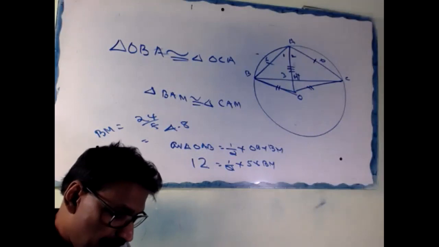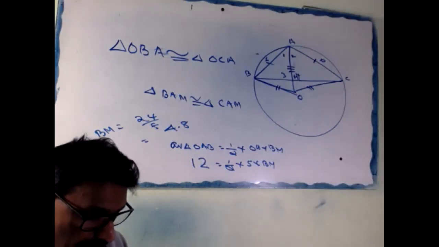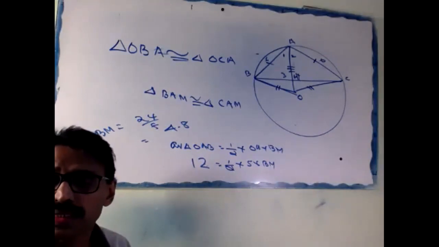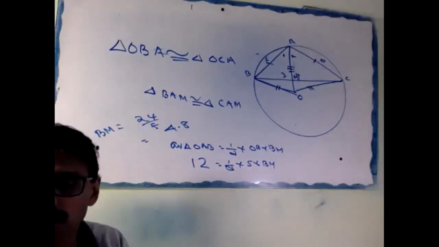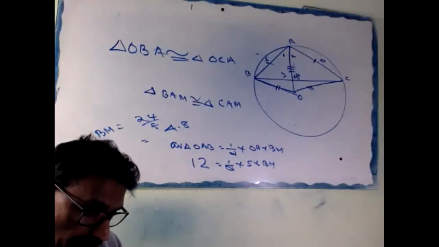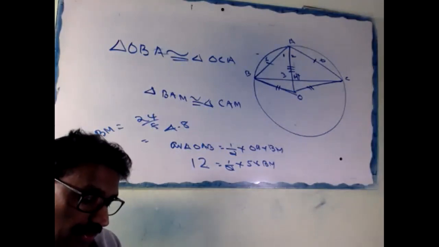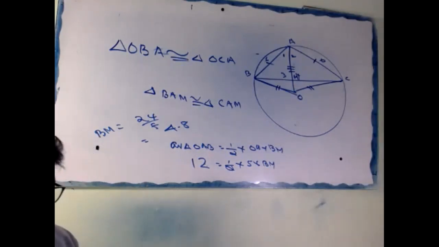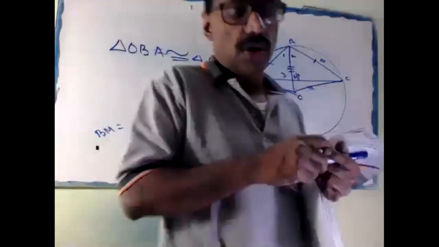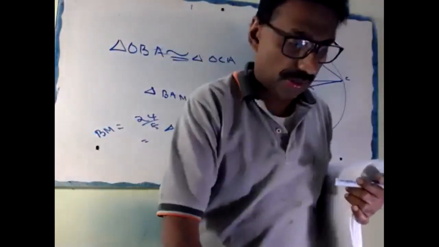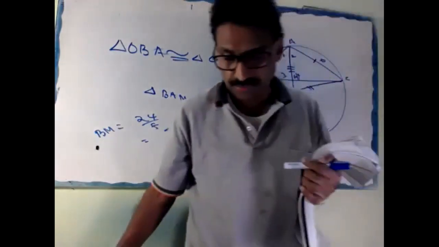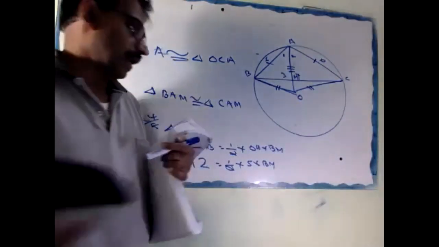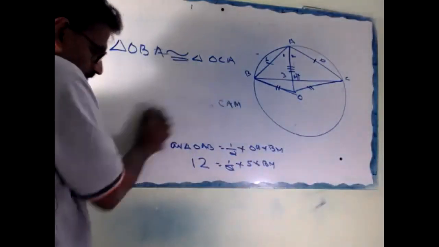Equal chords of a circle are equidistant from the center.